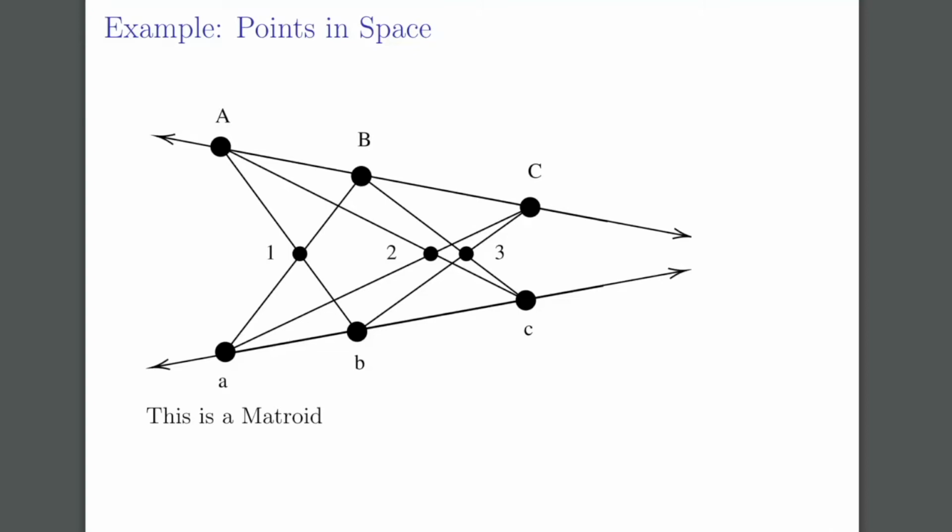It turns out if I collect my circuits as I just described, so 3 points on a line, 4 points on a plane that don't contain a line, then this gives me the circuits of a matroid. But if you look at this picture for any amount of time, you'll probably realize that 1, 2, and 3 are clearly on a line with each other. So if I'm actually drawing this picture in space, then 1, 2, and 3 are also on a line.